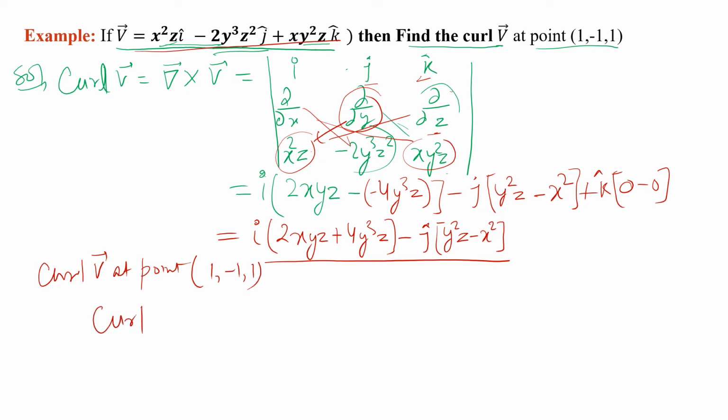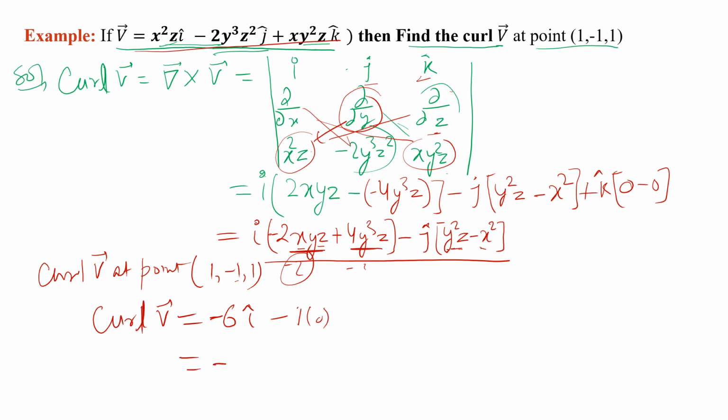So the curl of v at that point: we get 2 plus 4, so we write 6i, and sorry, that is a negative sign, so we get minus 2 and this is again minus, so we write minus 6i, and 1 minus 1 becomes 0.